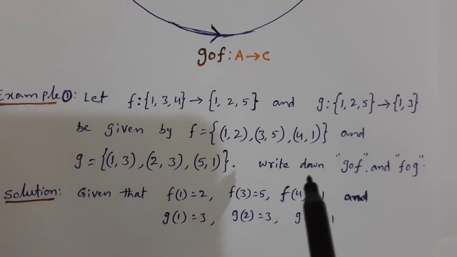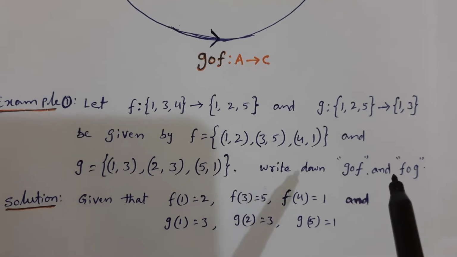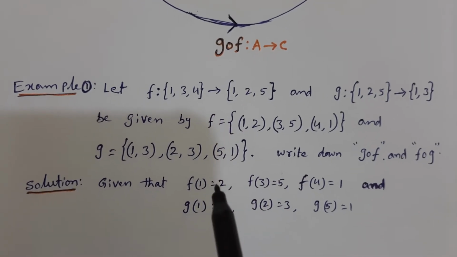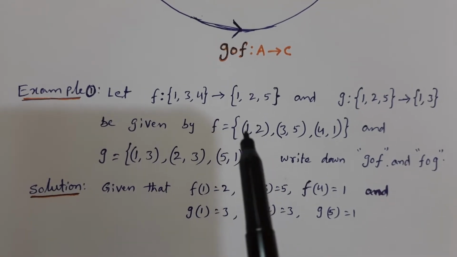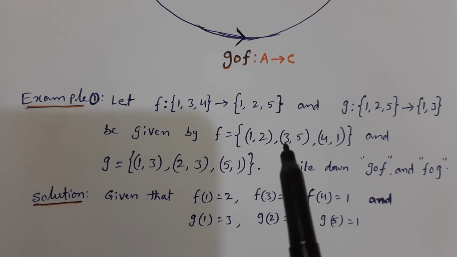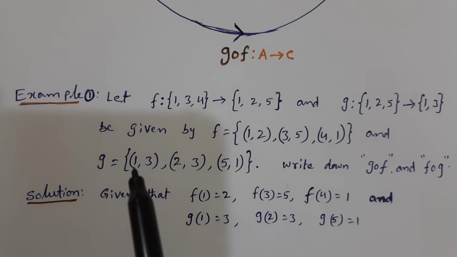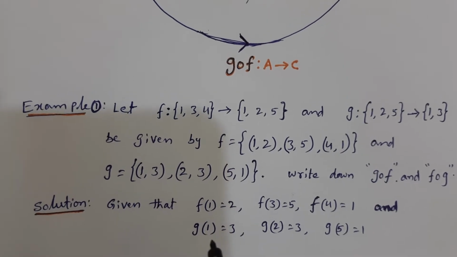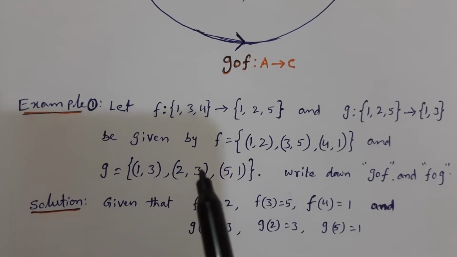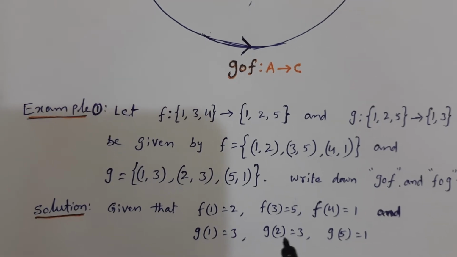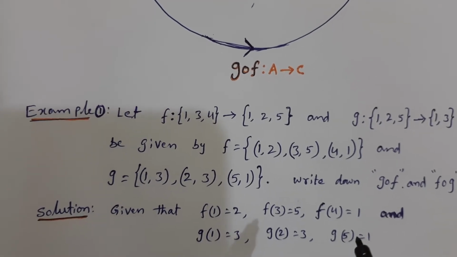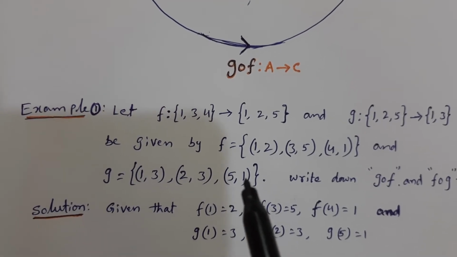Now we have to find g circle f and f circle g. Here f of 1 equals 2, f of 3 equals 5, f of 4 equals 1, and g of 1 equals 3, g of 2 equals 3, g of 5 equals 1.